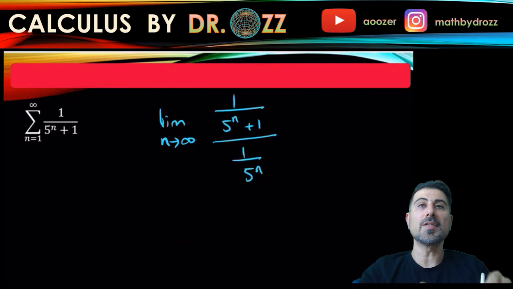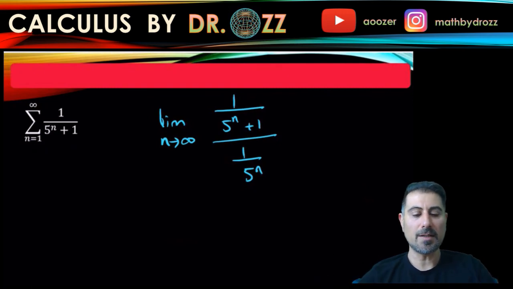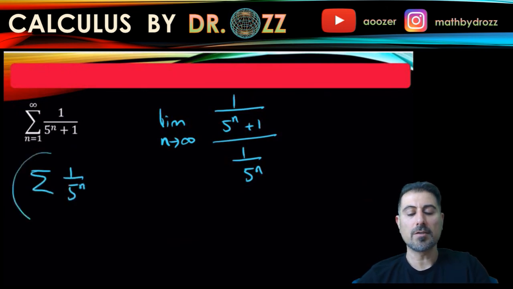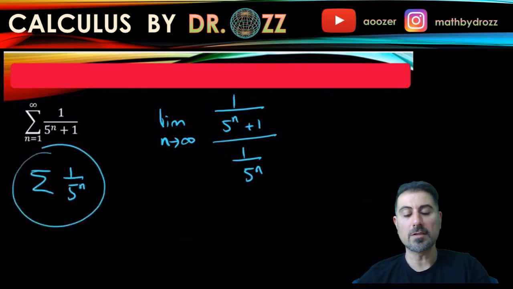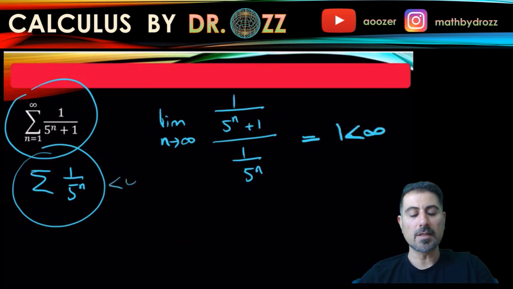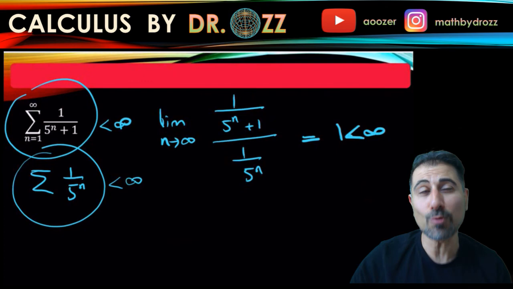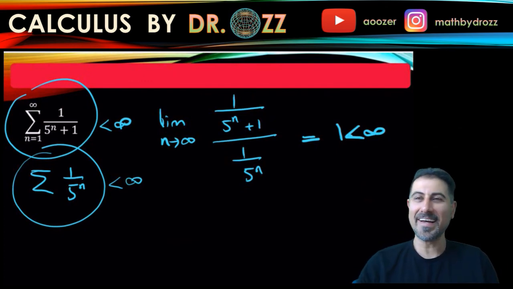If this limit is finite, then both series converge or diverge together, but since the geometric series is convergent, this has to converge. I can tell you that this limit is 1, by the way. So 1 is a finite number. The limit comparison test says that since this limit is less than infinity, both series converge. I actually solved the problem, I'm sorry. All right.